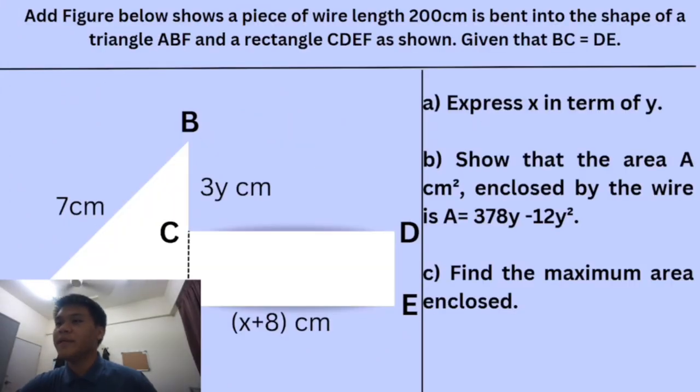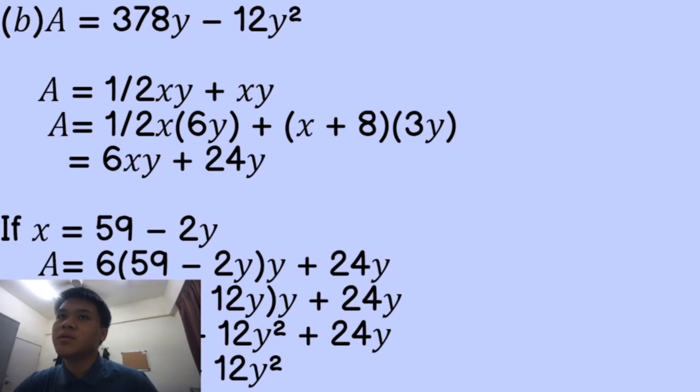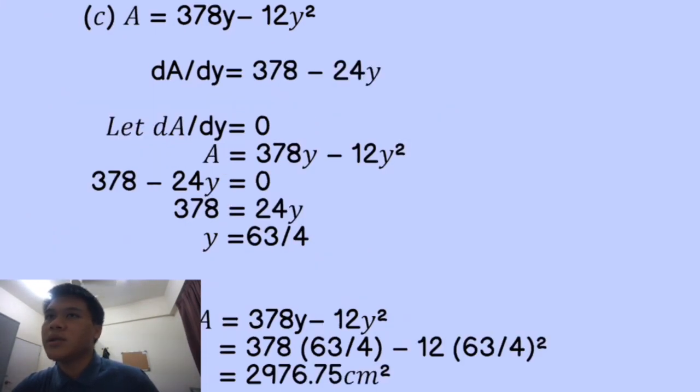For question C, find the maximum area enclosed, which means we just use the area equation from B, which is A equals 378y minus 12y squared. Then we need to differentiate the area equation, A in terms of y. Then dA/dy equals 378 minus 24y.